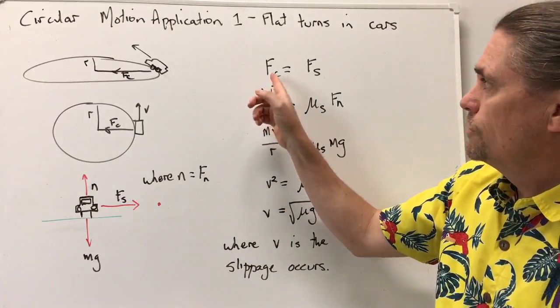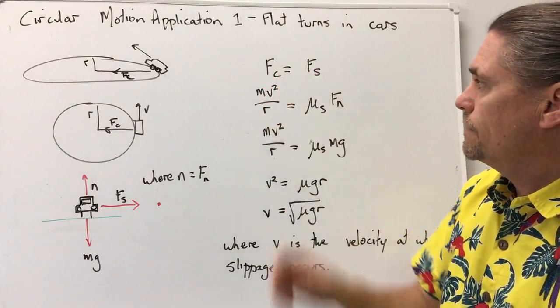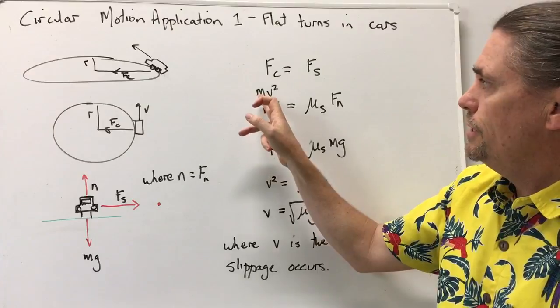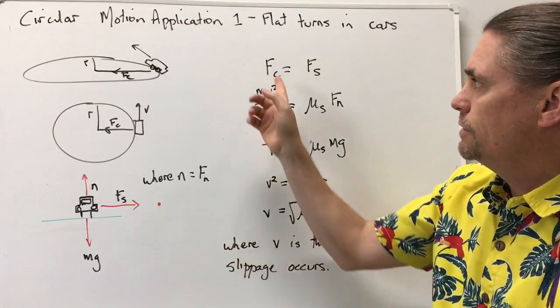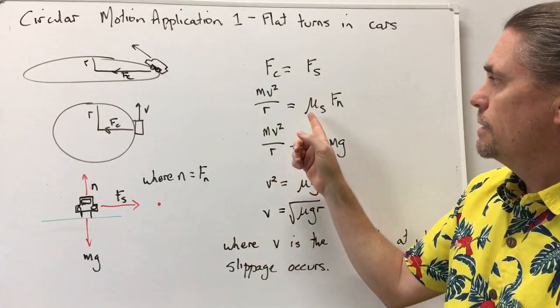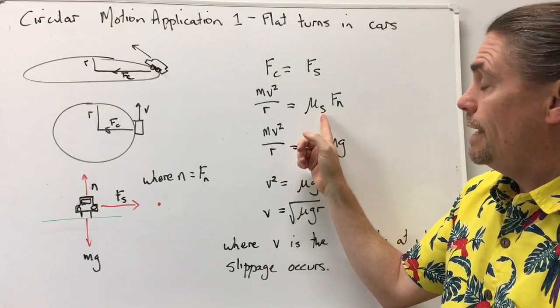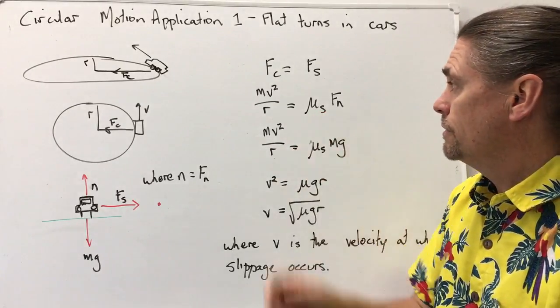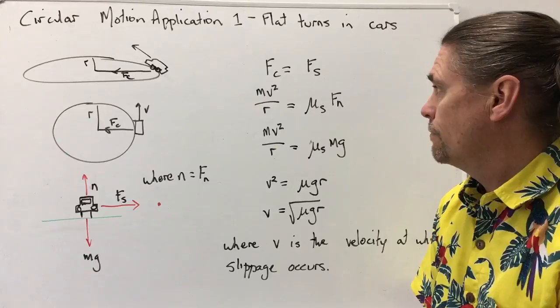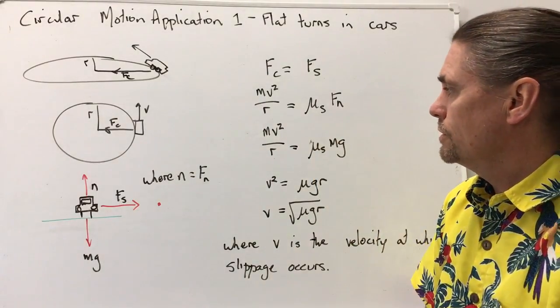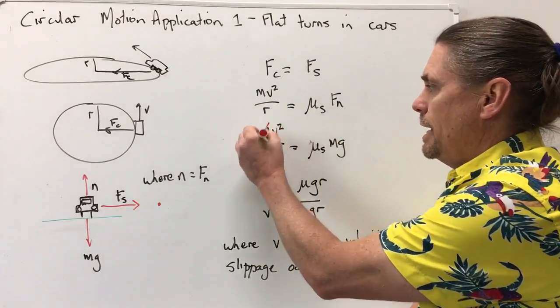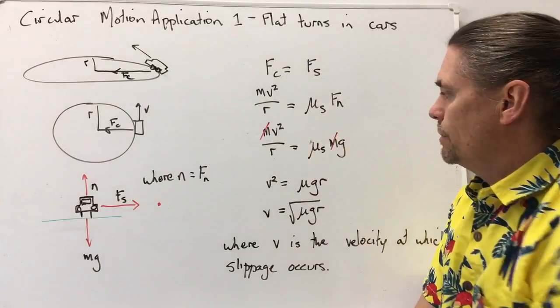So we say here that our centripetal force is equal to our static force. We can substitute in mv squared over r for our centripetal force. We can also substitute in our mu s, which is our static coefficient of friction, times the normal force. We see here we've got m's on both sides, so we can get rid of those.